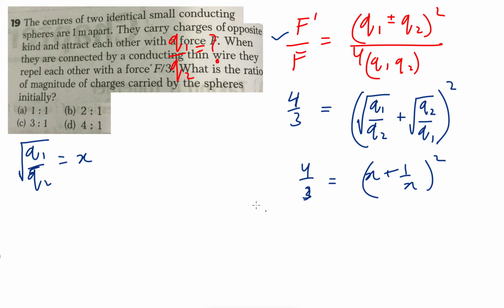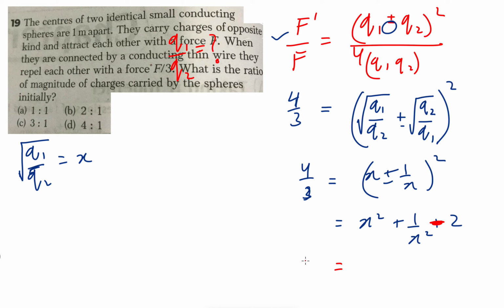You rather plug in the first go itself. If you open it up, it is x square, which is what we want, plus 1 by x square plus 2. In this case it was a minus because this was a minus, so in this particular case it is a minus 2.